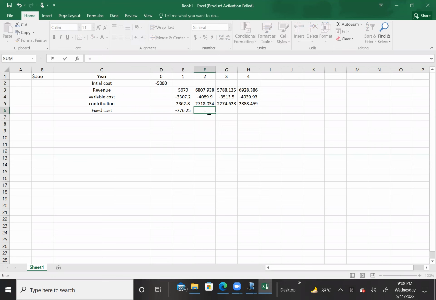Then equal, select this cell and again multiply by 1.035. For year 3, equal, select this cell and multiply by 1.035. And then again for year 4, select the cell of year 3 and multiply it by 1.035, 3.5%. So we have the fixed cost.